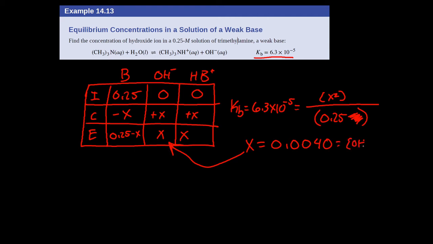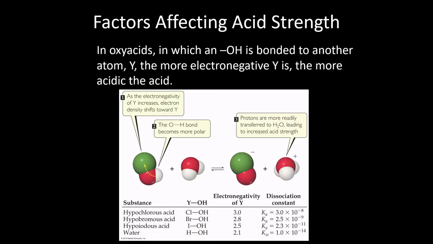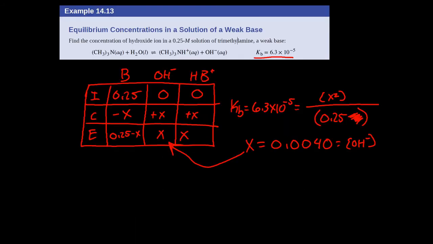Now, if the question did actually ask us to find the pH, which we don't have another part for, it would be a pretty simple process. So just to show you, you actually have 2 different possibilities. You could go this route.